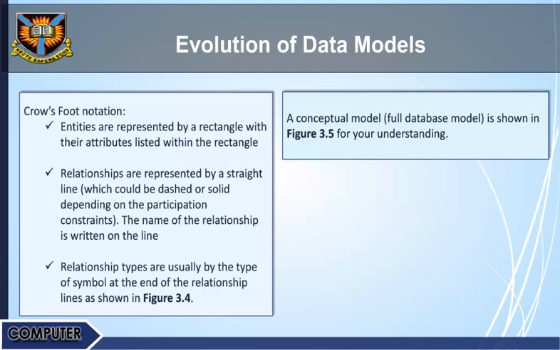Relationships are represented by a straight line which could be dashed or solid depending on the participation constraints. The name of the relationship is written on the line. Relationship types are usually shown by the type of symbol at the end of the relationship lines as shown in Figure 3.4. A conceptual model, a full database model, is shown in Figure 3.5 for your understanding.